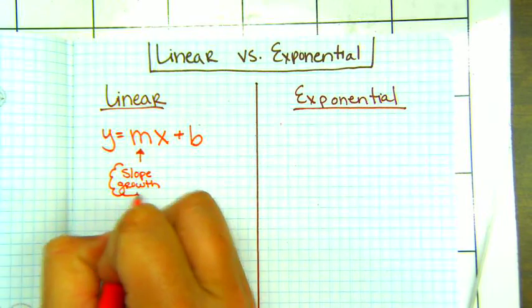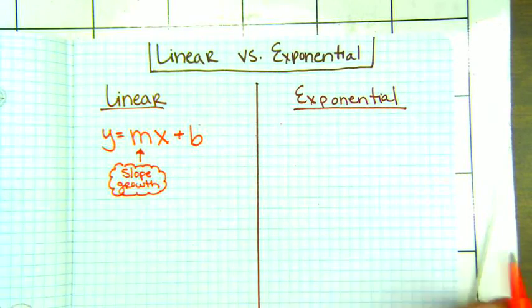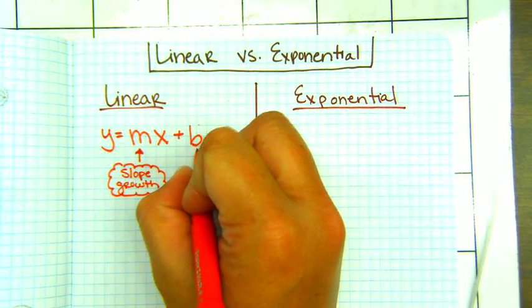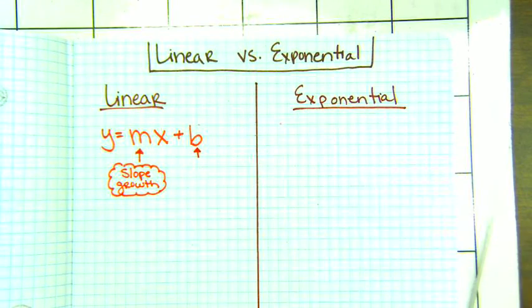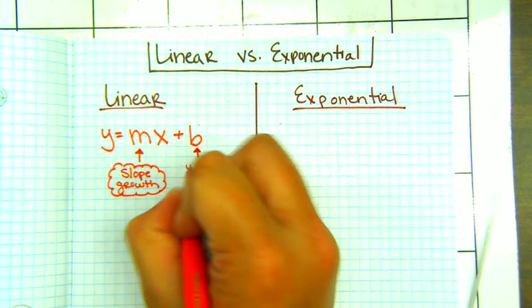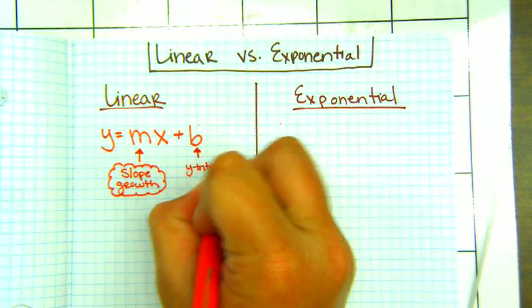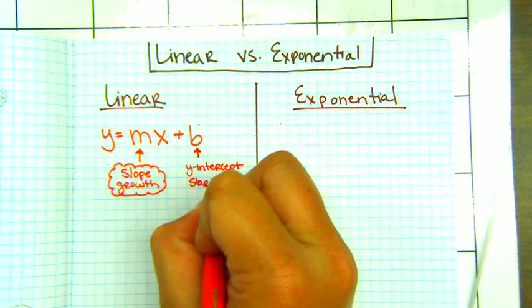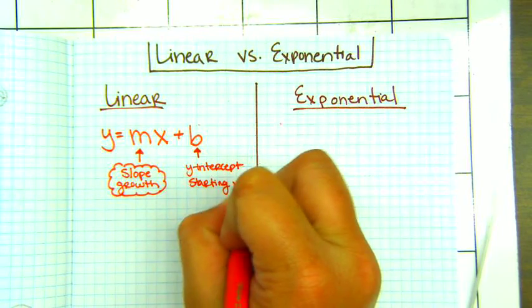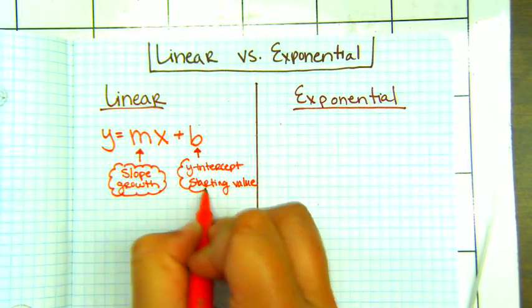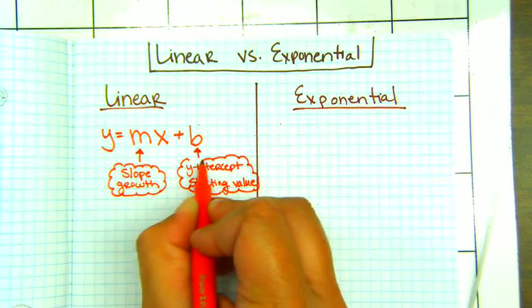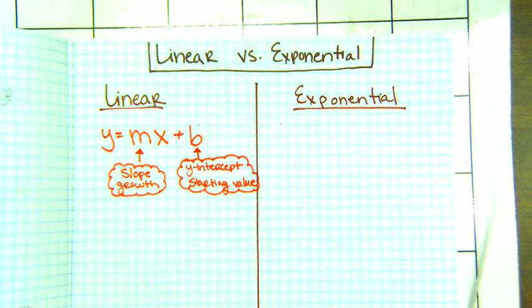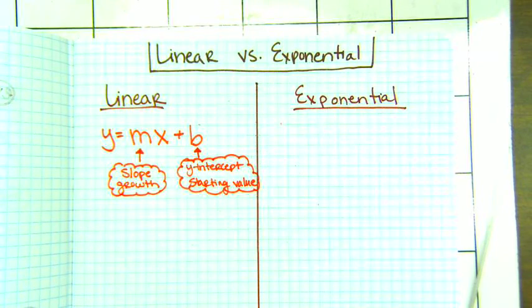It doesn't matter, they're the same thing. And b represents the y-intercept or the starting value. Again, it doesn't matter, they mean the same thing. So that's a linear function. We have slope, growth, and y-intercept or the starting value.